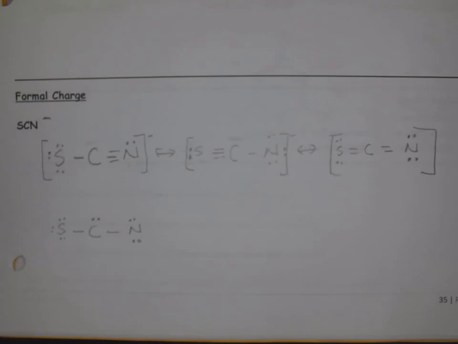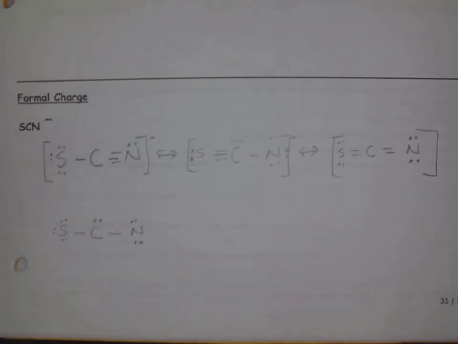It's just a way of determining which molecule structure is the most stable. The way that I get formal charge is I am going to be comparing the number of valence electrons this neutral atom has compared to how many it feels like it has now. So this is what I mean. Sulfur. Right here, sulfur.